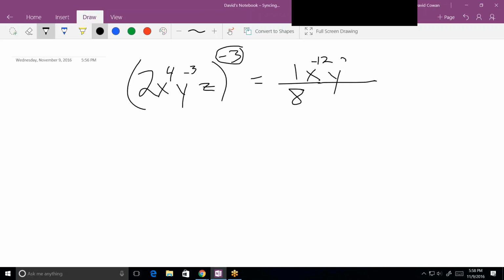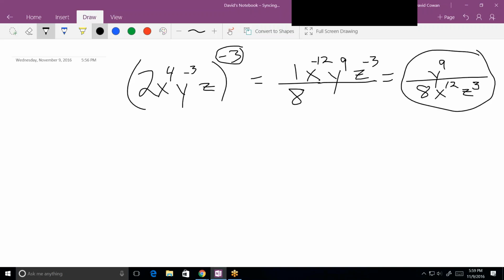And the z. It'd just be z to the negative 3rd. Now, you want to put all the things that have negative exponents on the other side of the fraction bar. Don't need that 1. The 8's still on the bottom, and the y to the 9th is still in the numerator, but the x to the 12th goes down here, and the z to the 3rd goes down there.